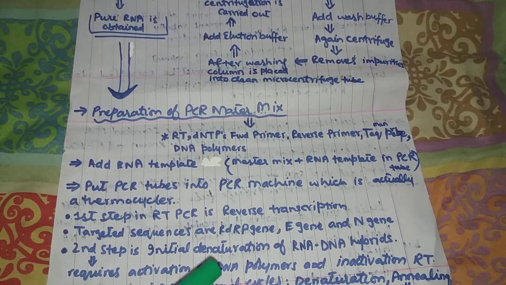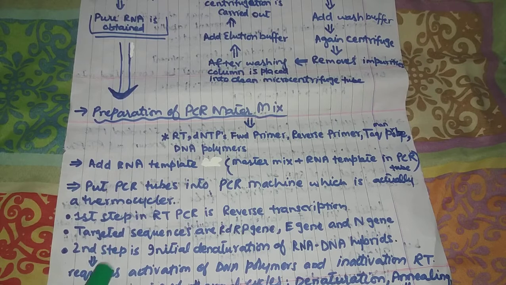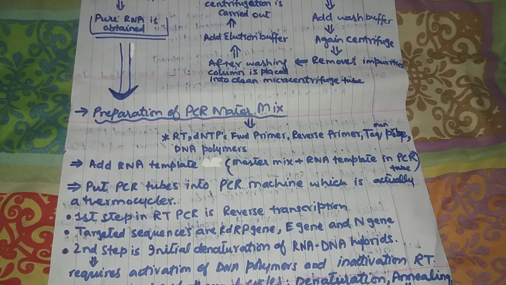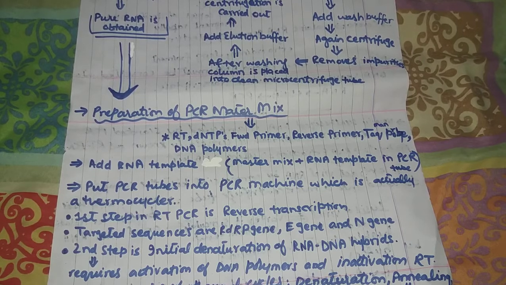In the second step, that RNA-DNA hybrid is initially denatured, which requires activation of the DNA polymerase and inactivation of the reverse transcriptase. Now PCR is a series of thermal cycles which have many denaturation, annealing, and extension steps.